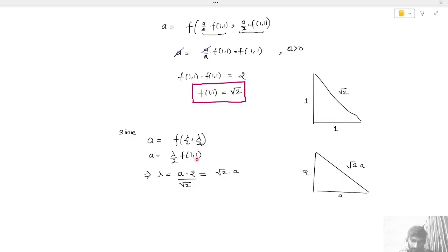We know the value of f of 1 comma 1 is root 2, and then if you solve for lambda, you will get root 2a. So if you have a triangle with the base a and perpendicular a, then you will have the hypotenuse, which is the base or the perpendicular times root 2.